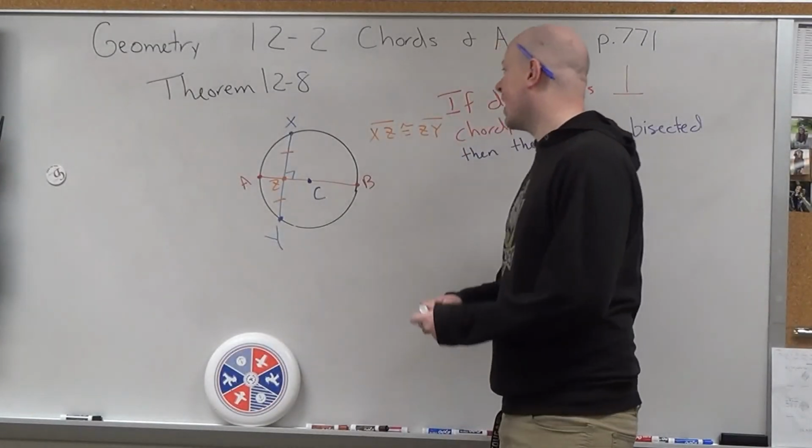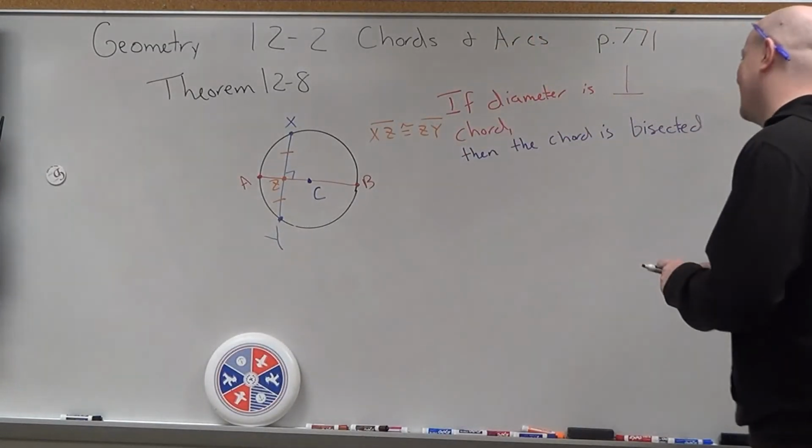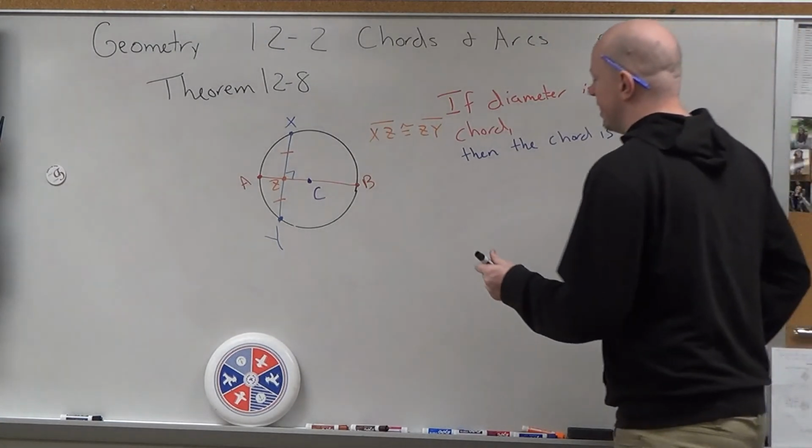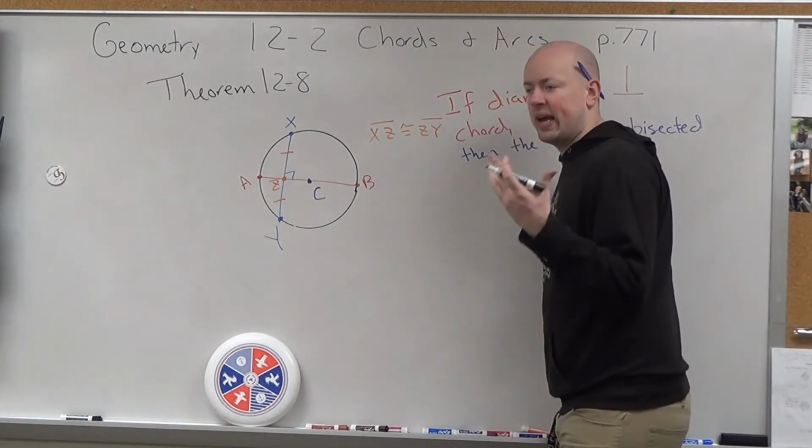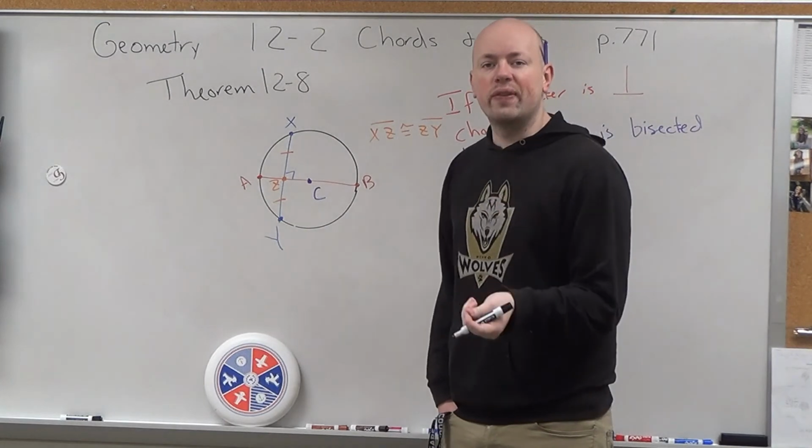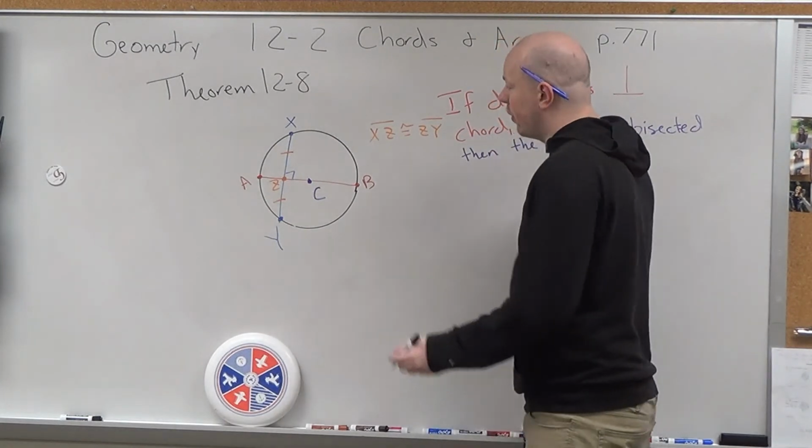Theorem 12-9 actually goes off the same concept, except it is the converse. So earlier we had converses where they weren't their own individual theorems. This one's important enough to where it is.